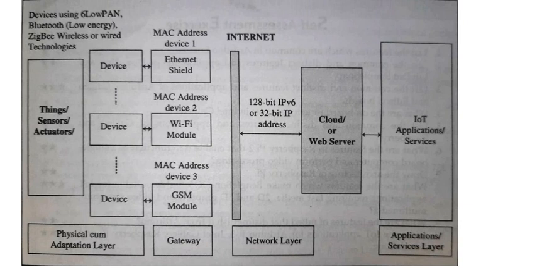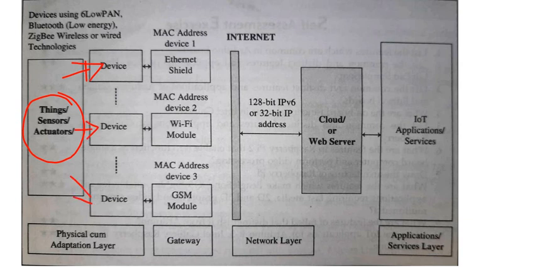To some extent we have seen such diagrams earlier too, but as a whole, this diagram shows how the Internet of Things looks. Here you can see things, sensors, actuators. I have already told you what we mean by things, sensors and actuators.